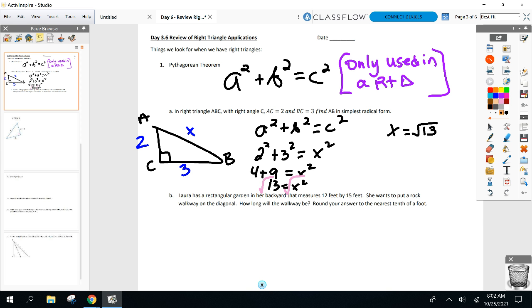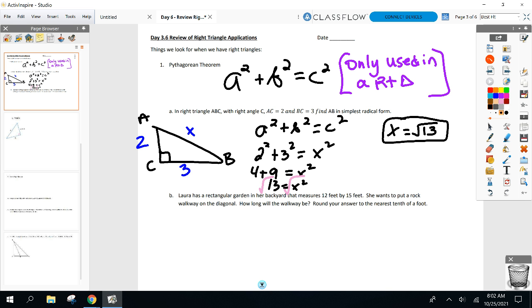There may be problems where we can, but that one we can't. So I'm going to leave it in radical form. So that side's the square root of 13. Any issues on that basic one?